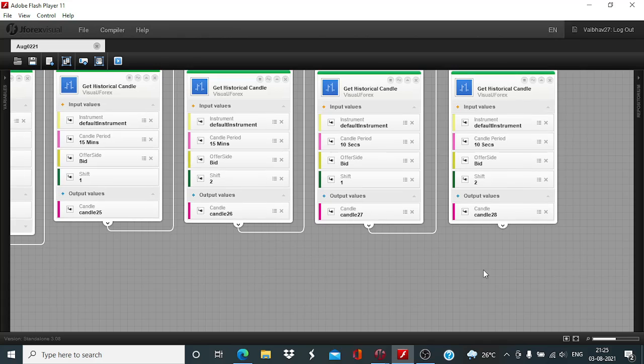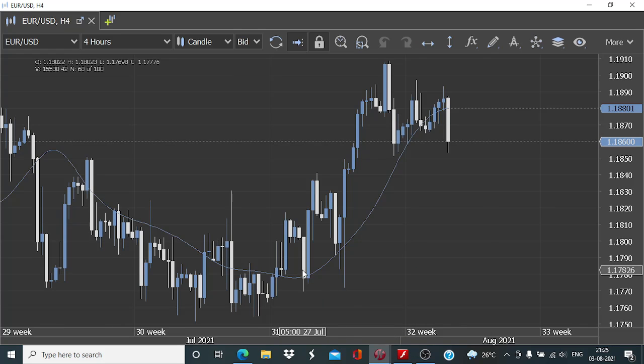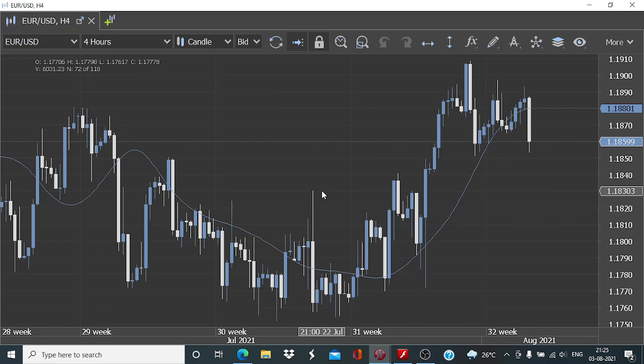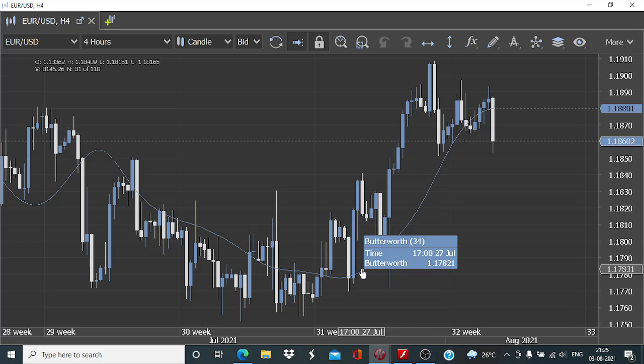Okay, and I will give you a brief refresher of how we are going to set the conditions for the execution of the buy trade. We need this Butterworth output for the 4-hourly time frame to be on the rise for any buy trade to take place. We will be comparing the last 4-hourly candle output of the Butterworth to the output value 24 hours back.